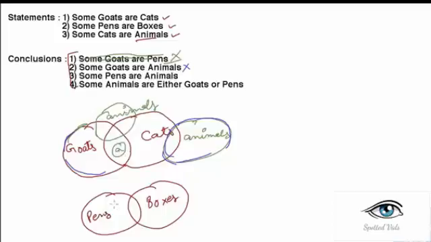There is no relation between the pens boxes with this graph, so cut it out. Some of the animals are either goats or pens. So animals can be this circle or this circle or this circle. So we can't conclude the 4th conclusion as well. So none of the conclusions follows.